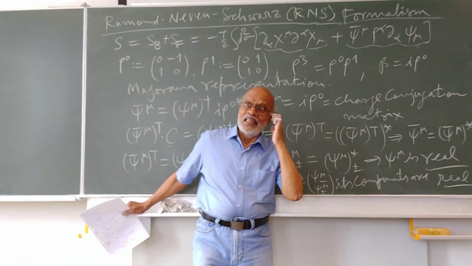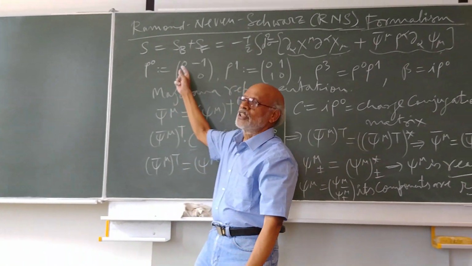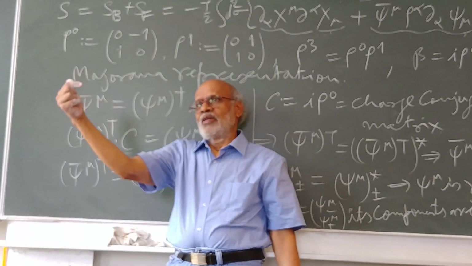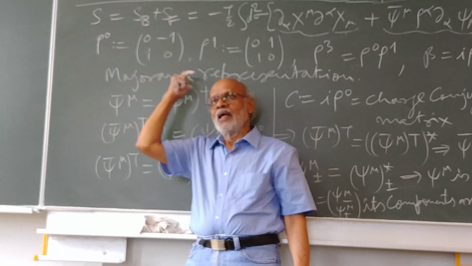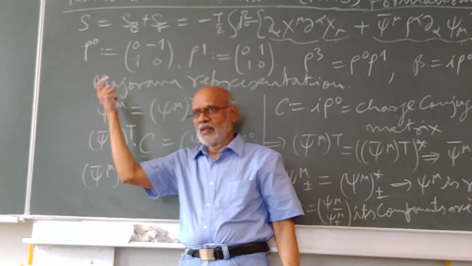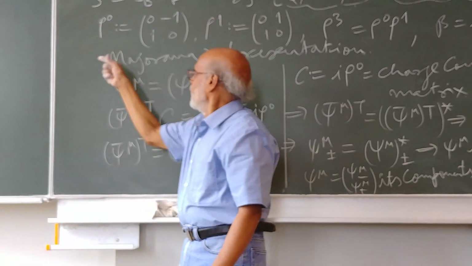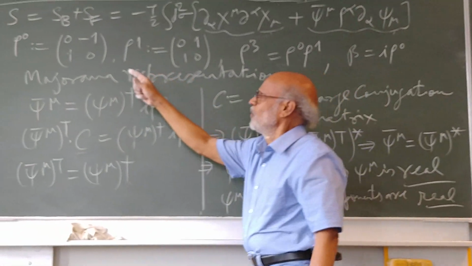But if you happen to read the other, just watch out for the definition of rho 0 and rho 1. Is an iota sitting inside or not? If yes, you can pull it out and accordingly take care of it. Okay? Alright? So this is how we work with the so-called Majorana representation, and here we don't have this iota.